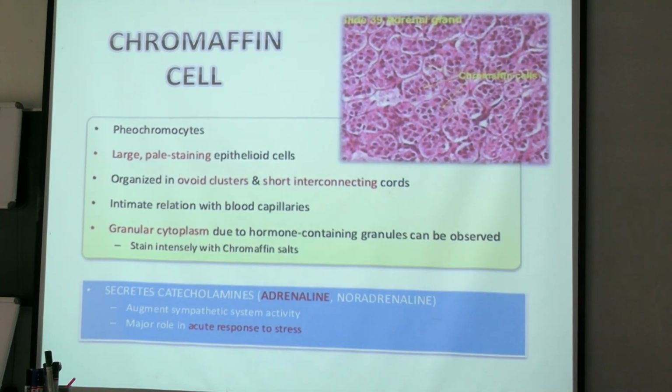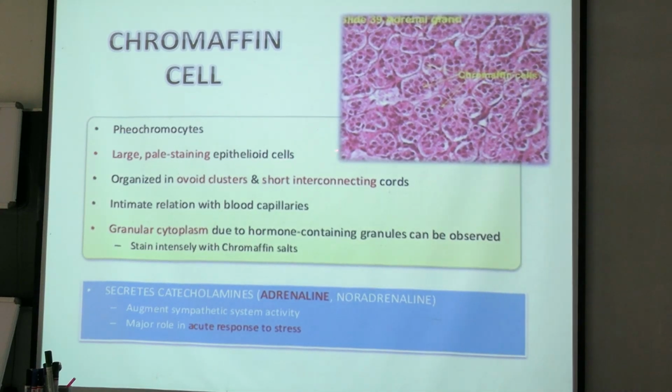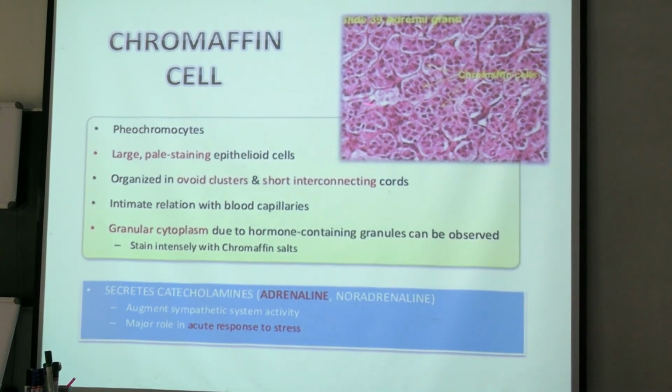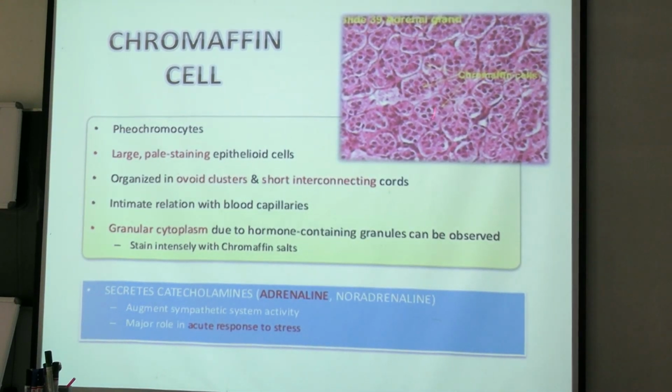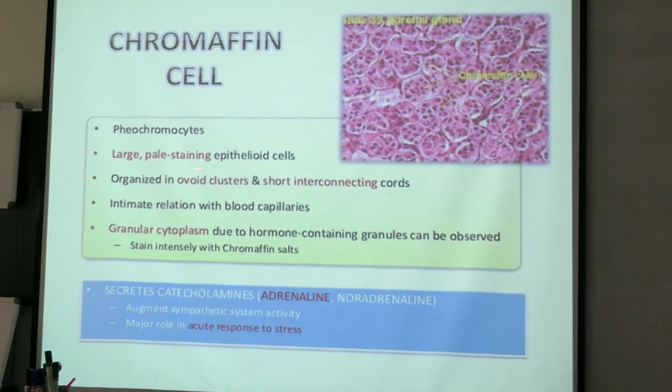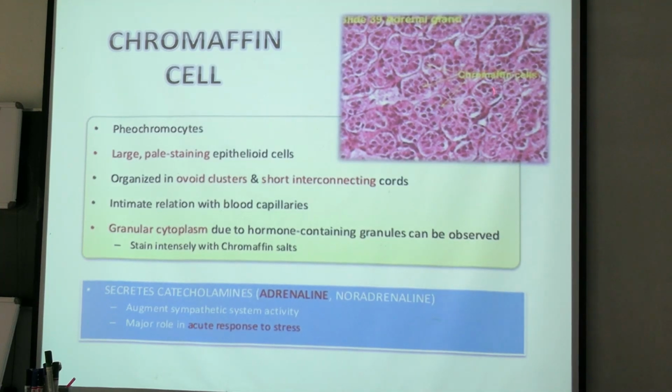Okay. So chromaffin cells are also known as pheochromocytes. They are large, pale staining epithelioid cells. Here you can see the cells are arranged in clumps, organized in ovoid clusters or short interconnecting cords. Here mainly they are arranged in ovoid clusters.